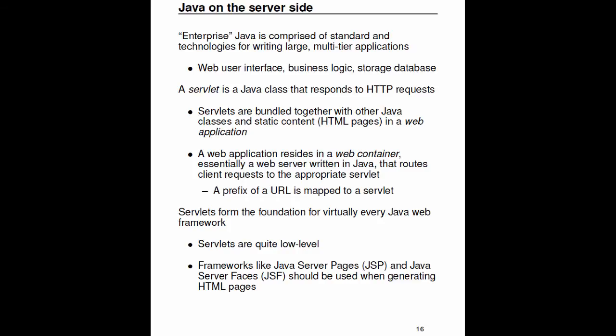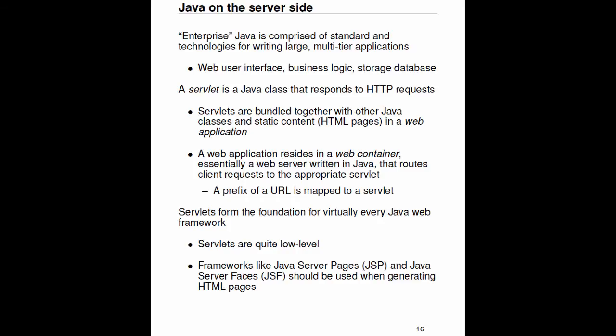So all this stuff is bundled into a web application, and then it is deployed into something called a web container, which is essentially a web server that's almost always written in Java that knows how to deal with these servlets. The job of the web container is to act like a web server, so it responds to requests, usually on port 80 or port 8080, routes them to the appropriate servlets, and then sends the response generated by that servlet back to whoever made the request.